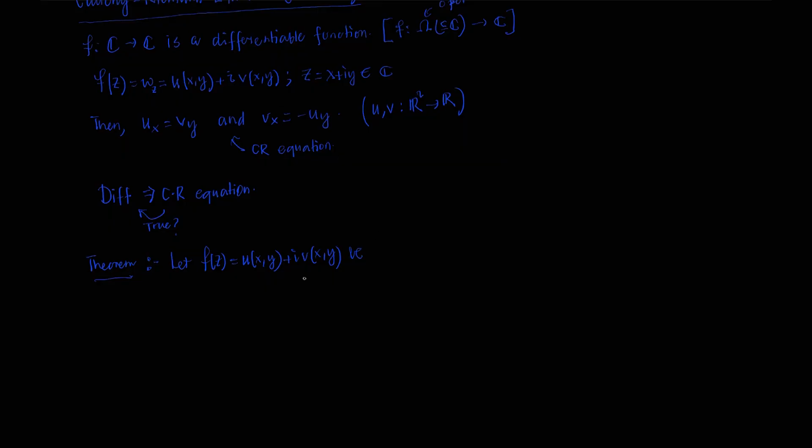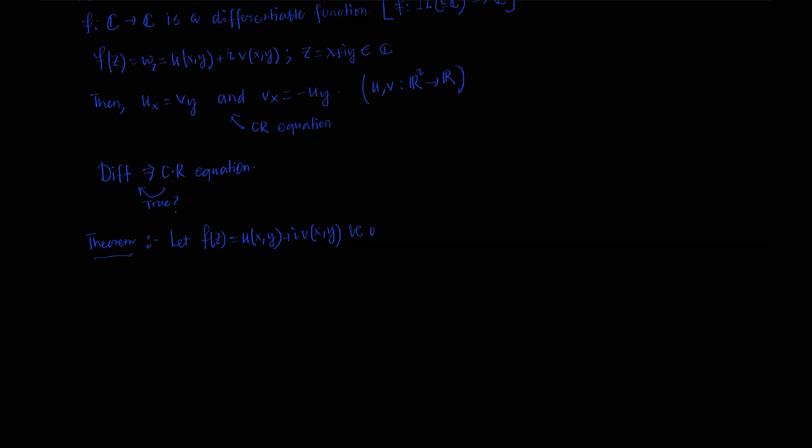This I already defined, so there is no point writing it, but maybe I can write it down. Let me write it down. Let f of z equals u plus i v be a given function.